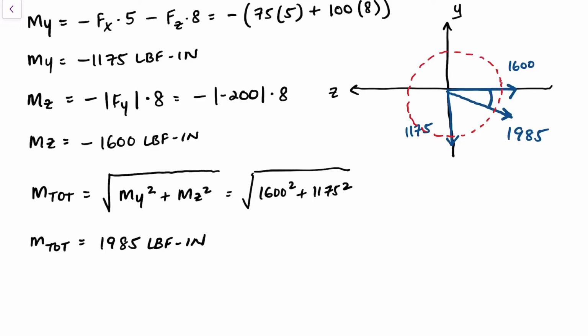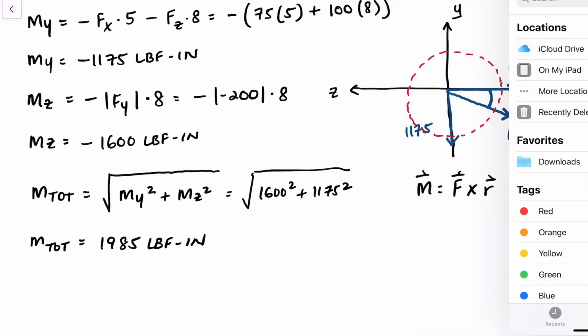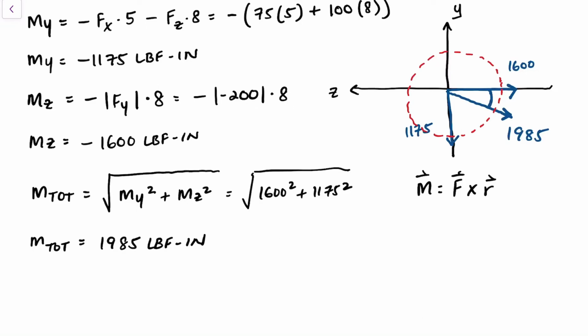If the force is being applied in a certain direction, the moment is actually F cross product R. So what you need to know here is the critical shaft element is actually located 90 degrees from where the moment vector sits. So that's going to be somewhere here, but this is 90 degrees.